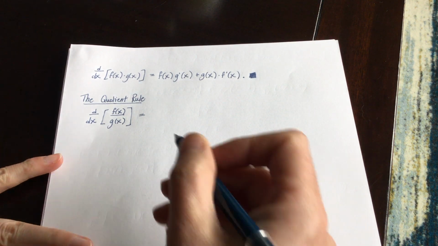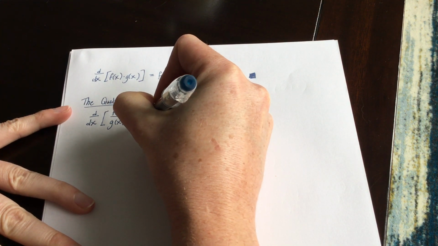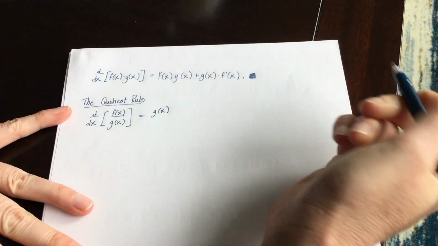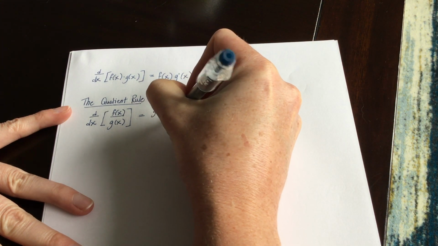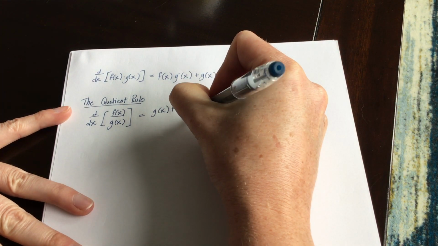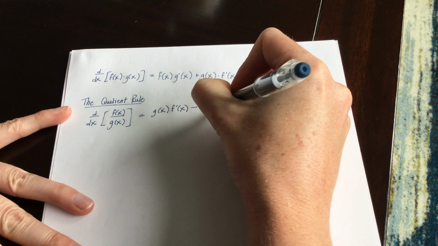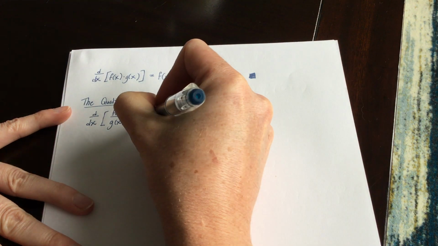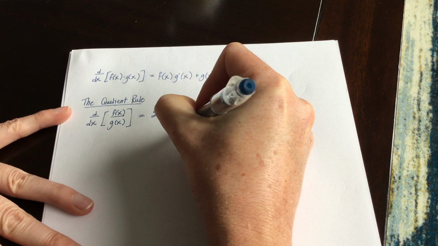All right, so here we go. d dx of f of x over g of x is equal to your denominator, as is, multiplied by the derivative of the numerator, minus your numerator, as is, multiplied by the derivative of the denominator, all divided by the denominator squared.